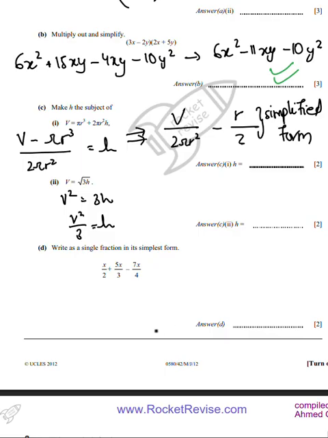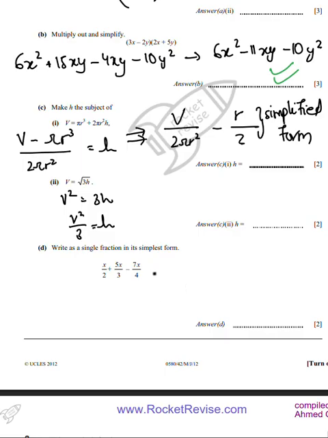Great. Okay. Now, write as a single fraction in its simplest form. What's the common denominator? What's the least common multiple that all of these numbers have? 2, 3, and 4. 12, right?